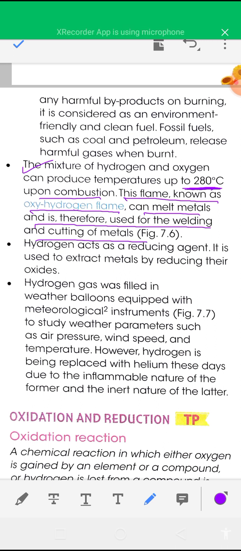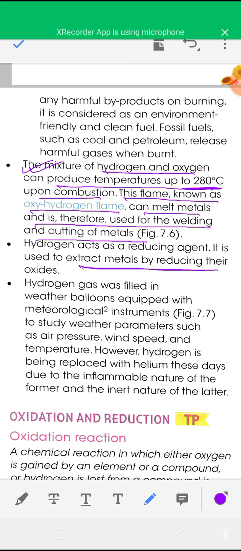And hydrogen acts as a reducing agent. It is used to extract metals by reducing their oxides.